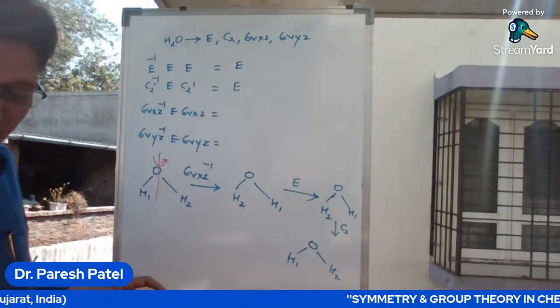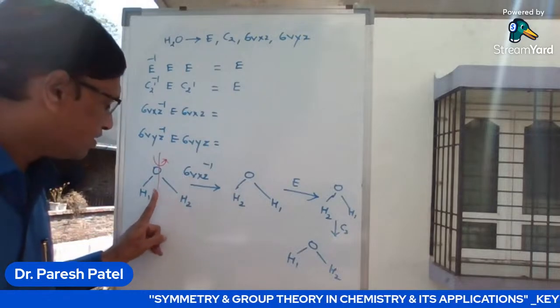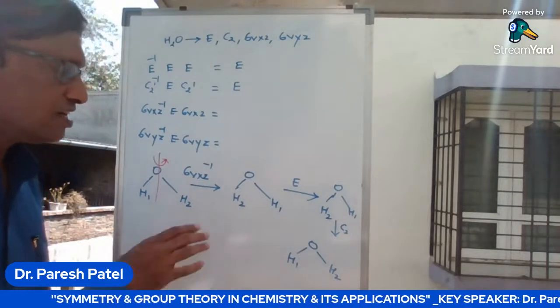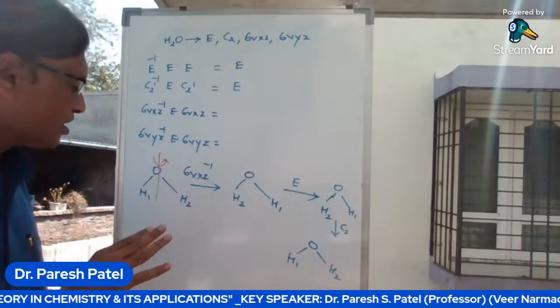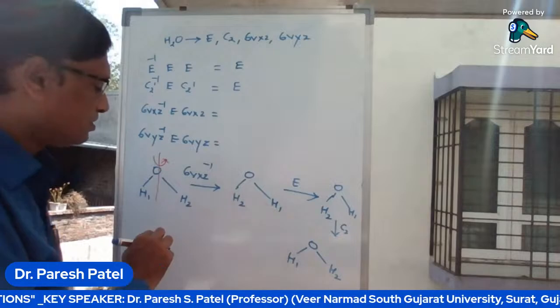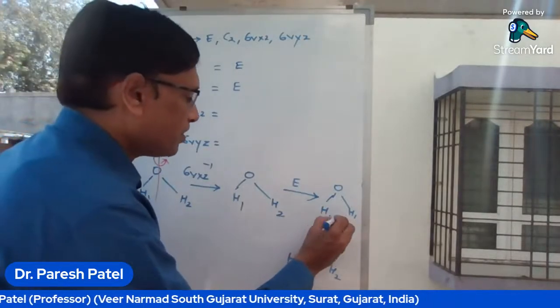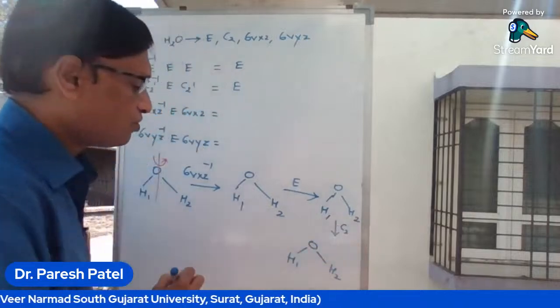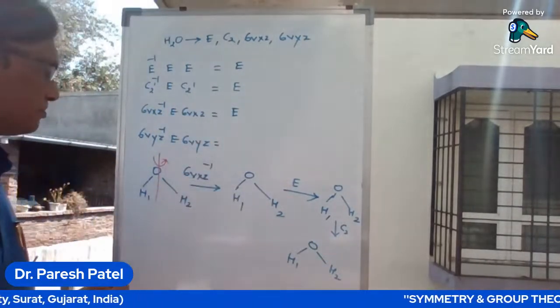So if we operate sigma Vxz symmetry operation on water molecule, the position of the hydrogens is as it is. There is no change in the position of the hydrogens. Okay, so by operating sigma Vxz inverse, answer will be the same, that is 1 and 2. By operating identity 1 and 2, overall result is 1 and 2. So answer is the same.